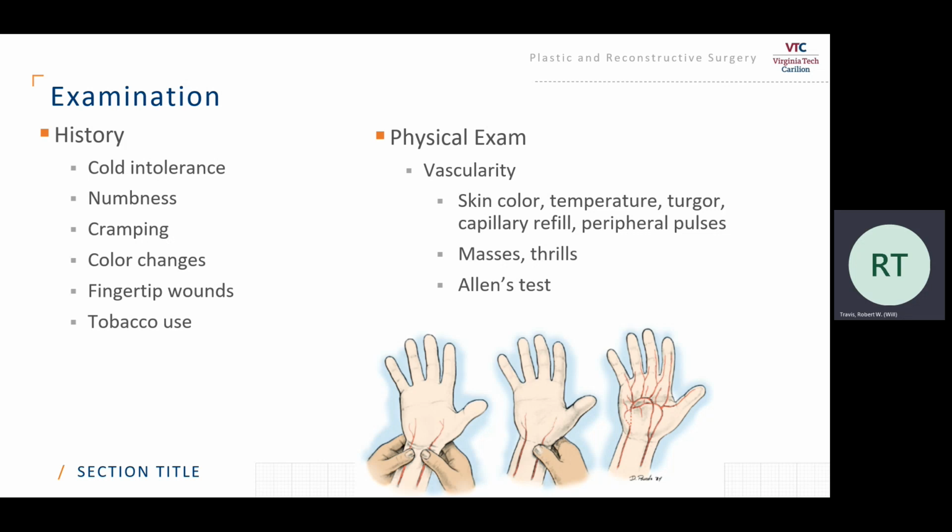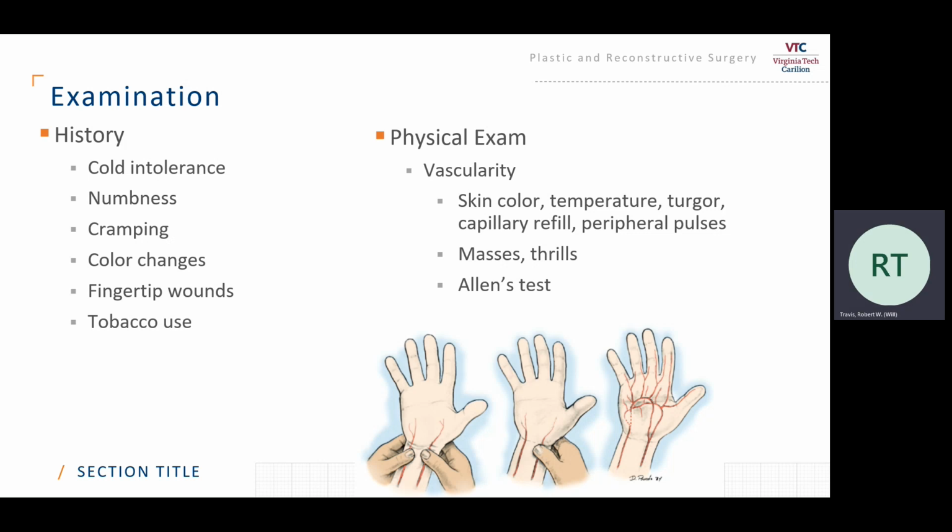So of course, your evaluation of these patients starts with a thorough history. You want to ask about any cold intolerance, numbness, cramping, color changes to the hands or fingers, any wounds on the hands, either current or in the past, any tobacco use. You want to ask about any acute or repetitive trauma, and also discuss any medical comorbidities such as diabetes or coronary artery disease.